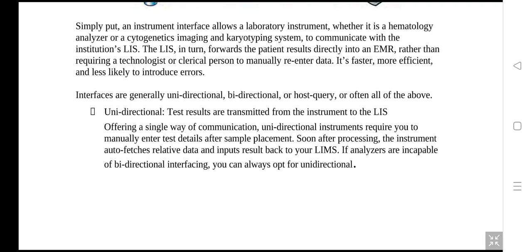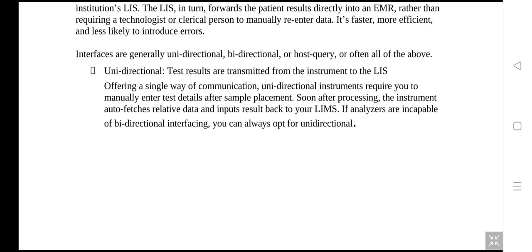Now, with unidirectional, test results are transmitted from the instrument to the LIS. This kind of interfacing allows only one-way communication, called unidirectional.